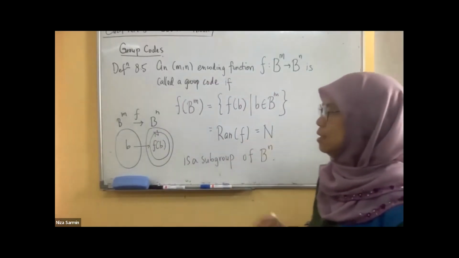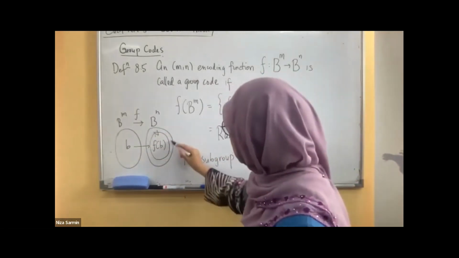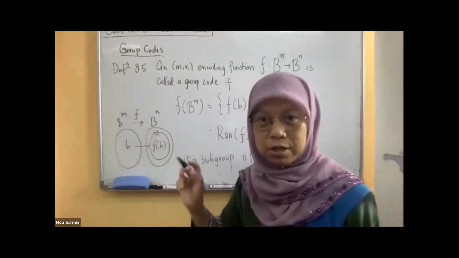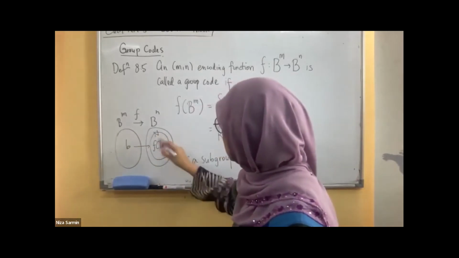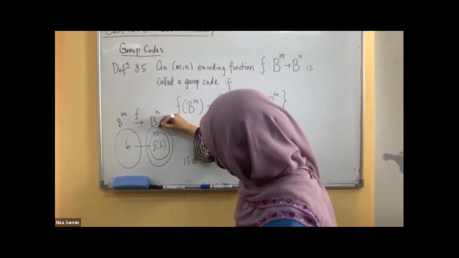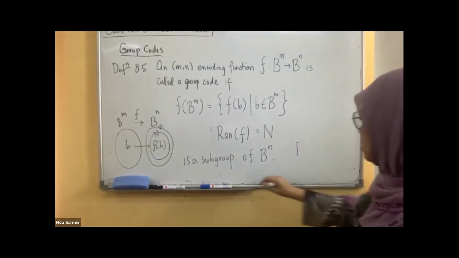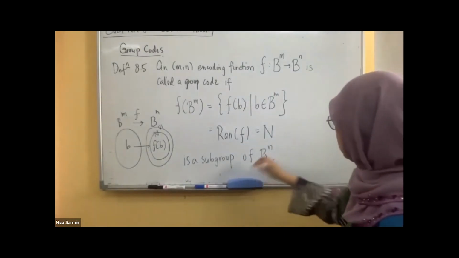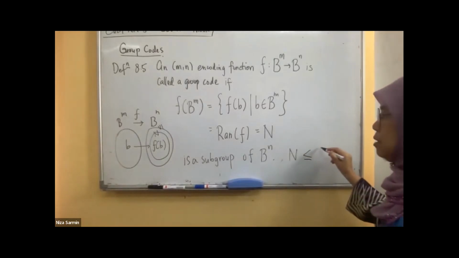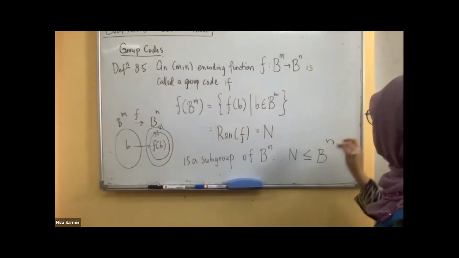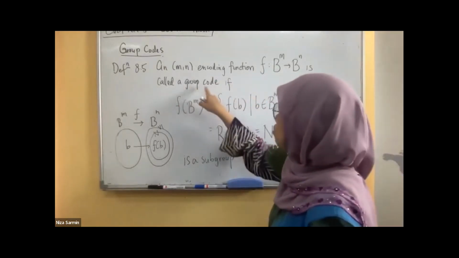Some of the elements in Bn are not mapped, not an image, and all of these go to only this. And if this N is a subgroup of Bn, then we call this encoding function f a group code.